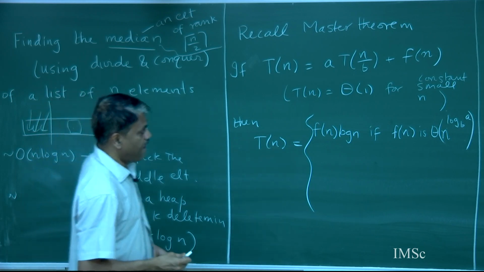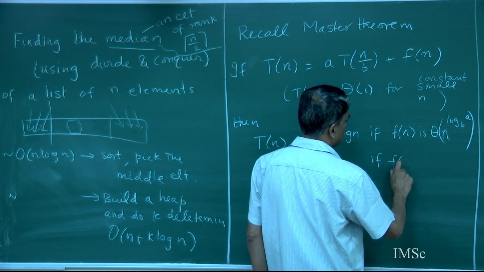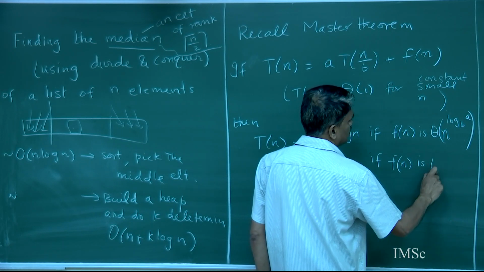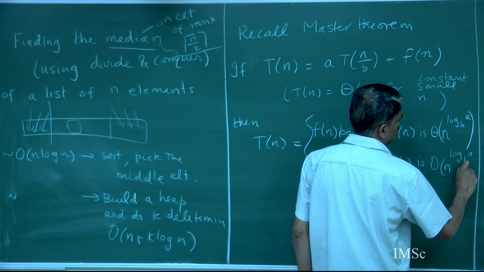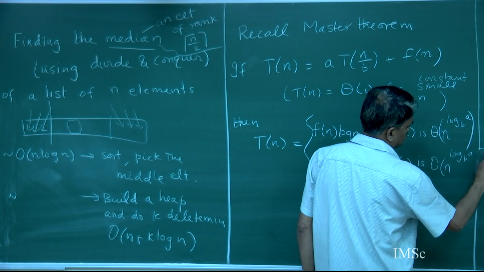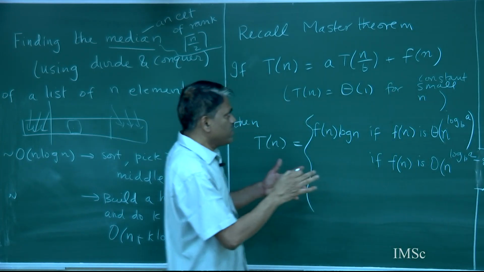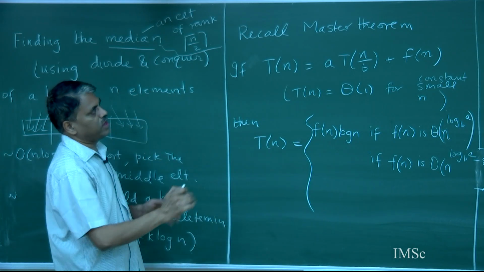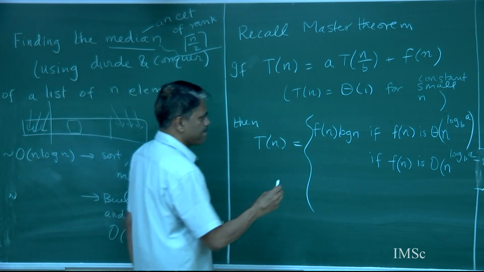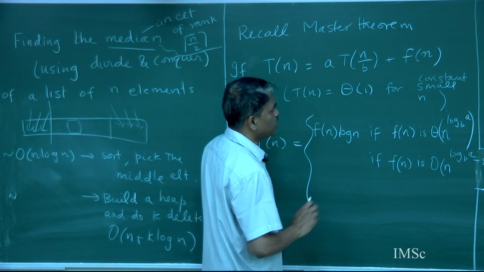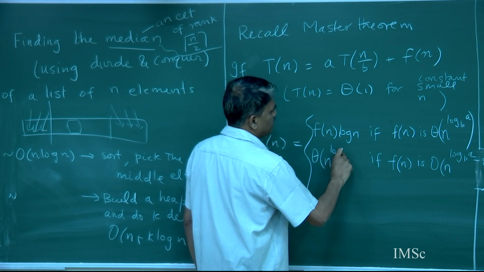If f of n is strictly smaller than n power log a to the base b, then the overall solution is n power log a to the base b.